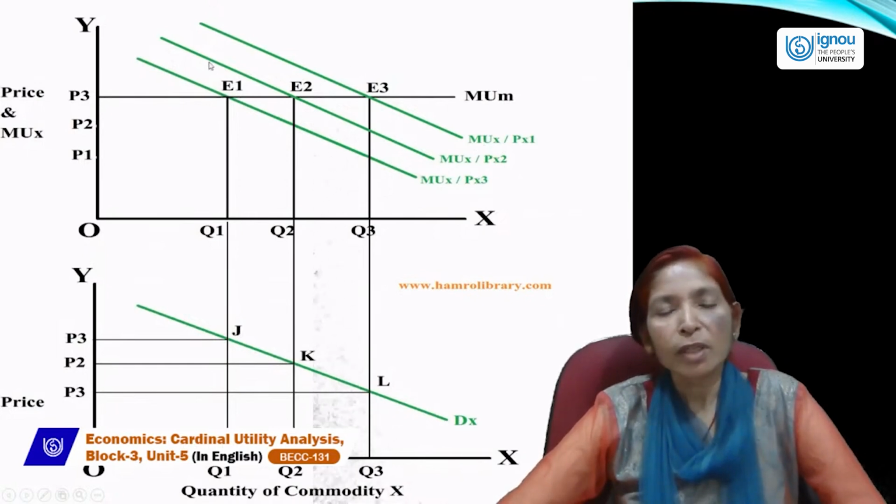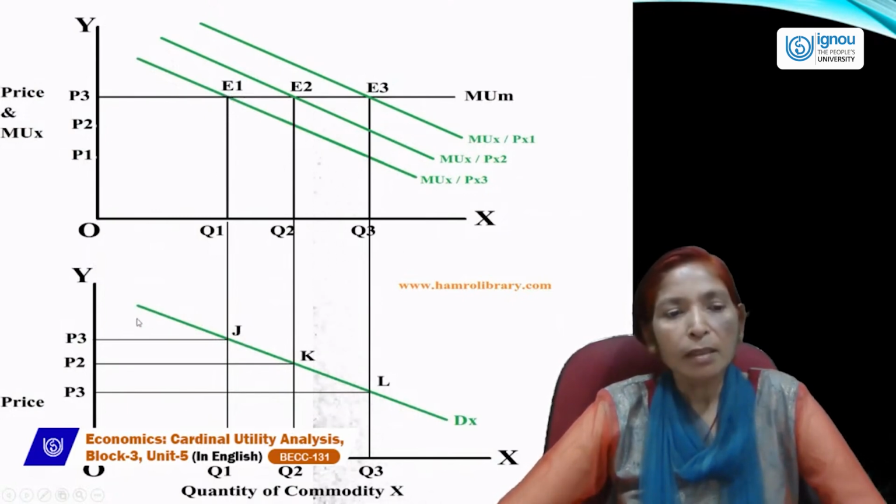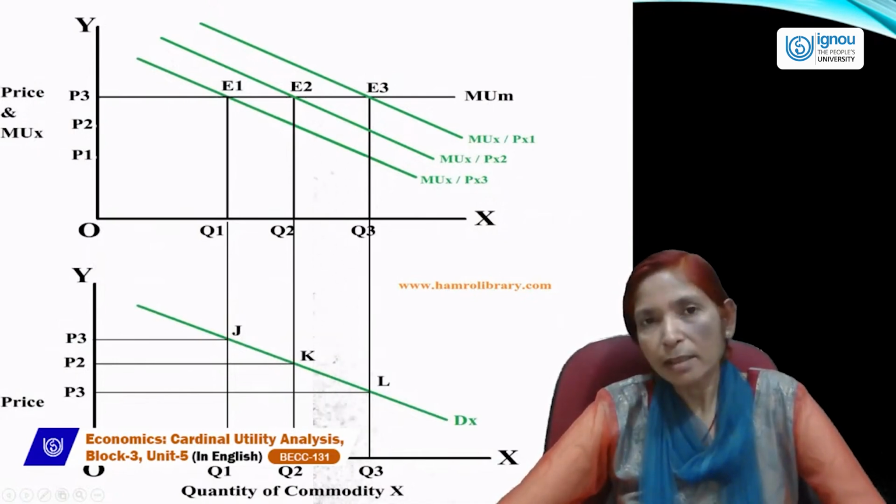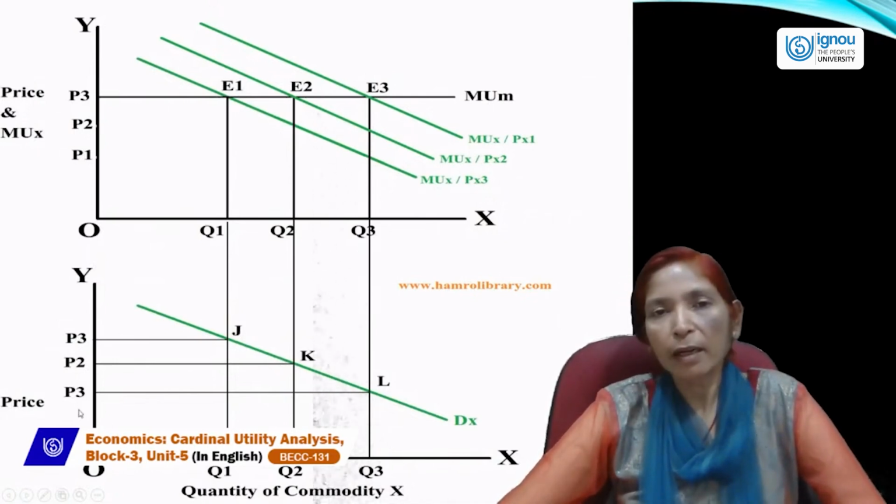And here, at these three points, we get equilibrium points E1, E2, and E3. If we join these three points in another curve, then in the second diagram we have price on the y-axis and quantity on the x-axis. We know that price and demand are inversely related.